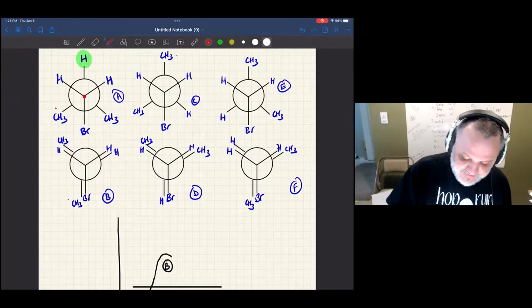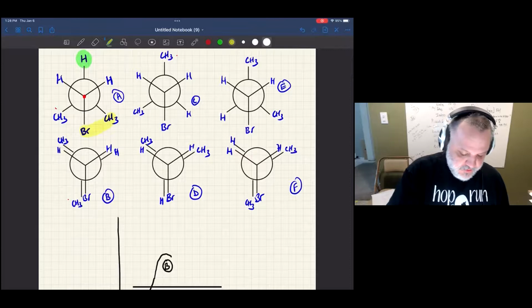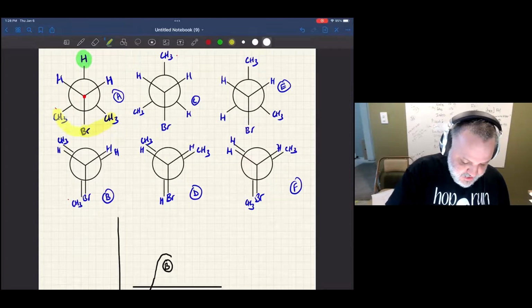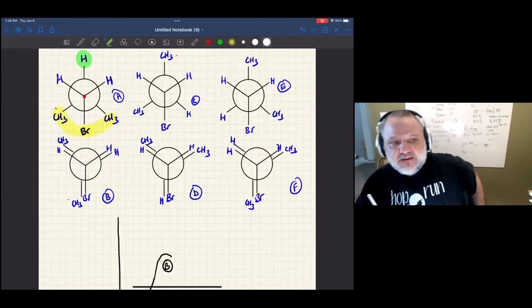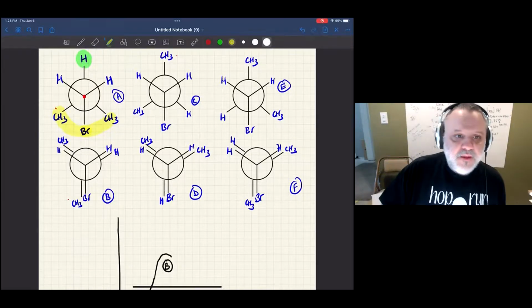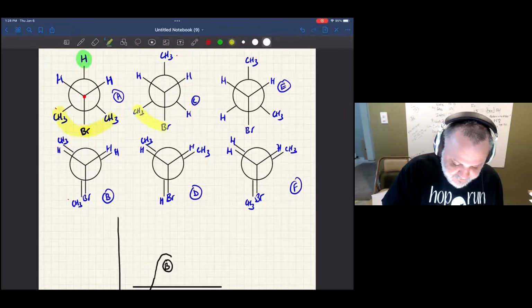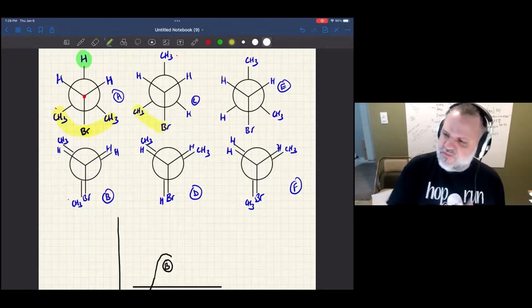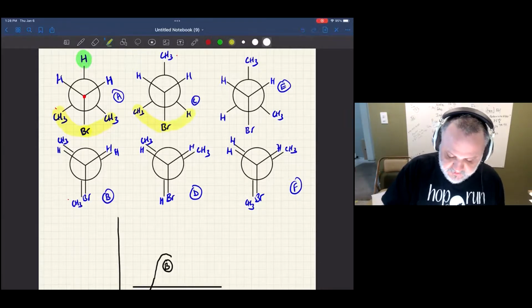And so what I see in A is that I have the big group of bromine and methyl interacting with each other there. And I also have the big group of CH3 and bromine interacting on the other side. Now, with C, I still have that interaction between CH3 and Br on the left, but on the right, it's actually something different.